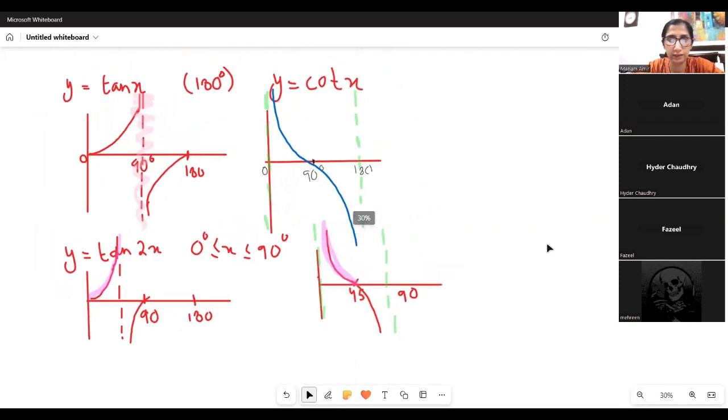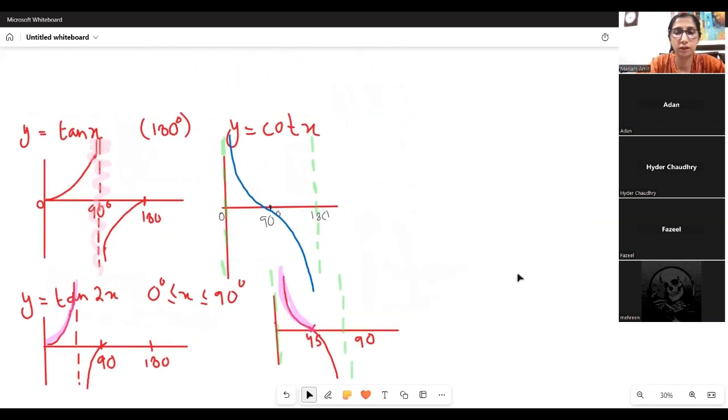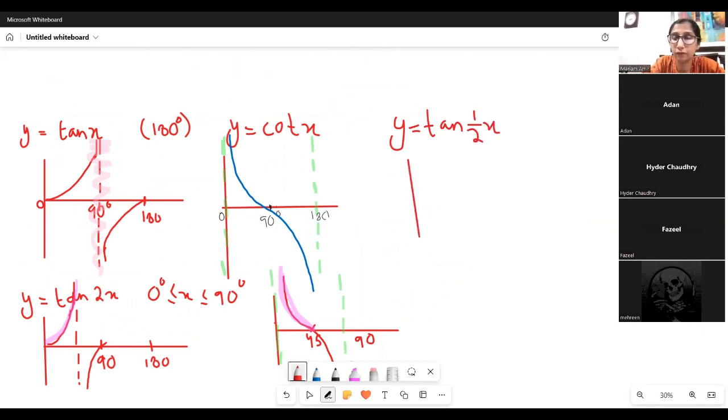Okay. And lastly, graph for cot half x and tan half x. Tan half x में half cycle complete होगी between 0 to 180 degree.